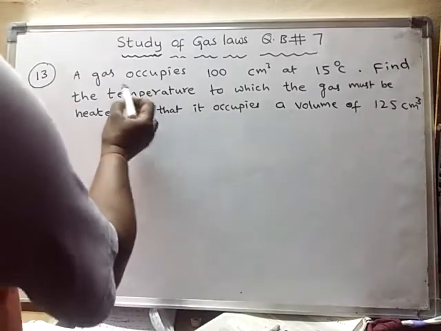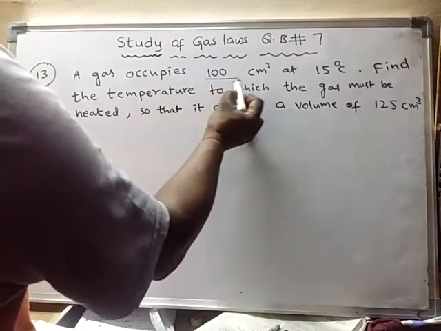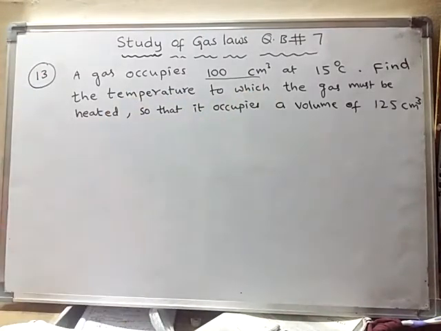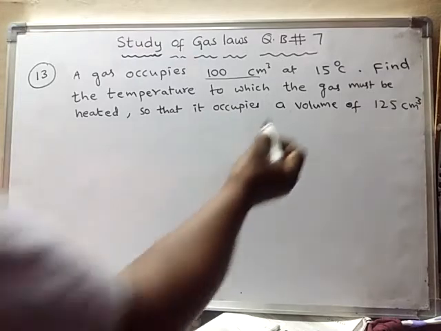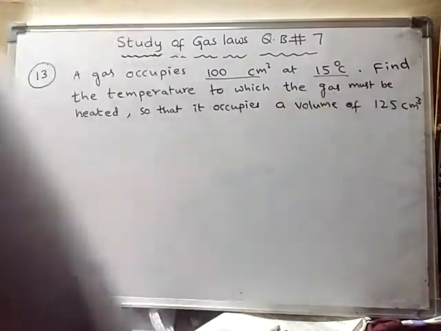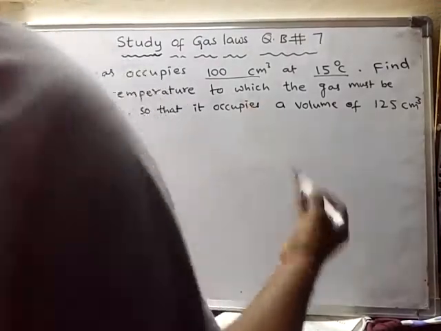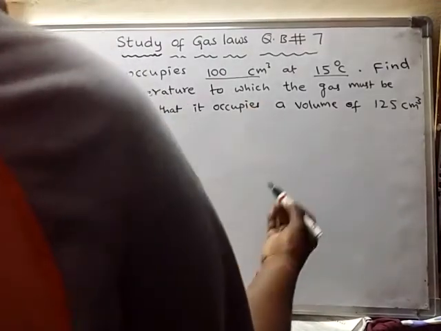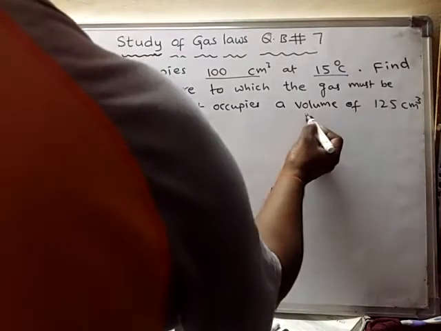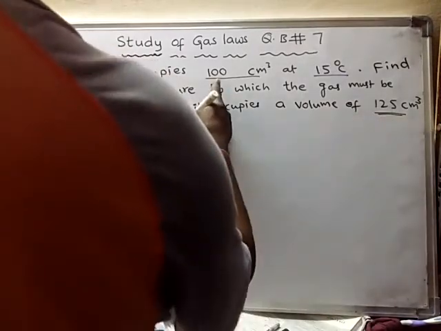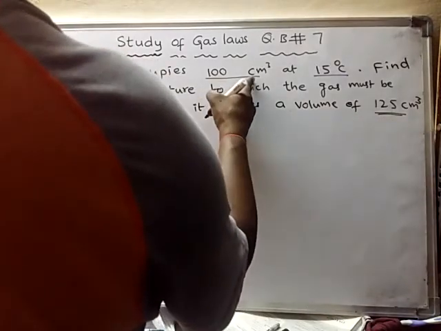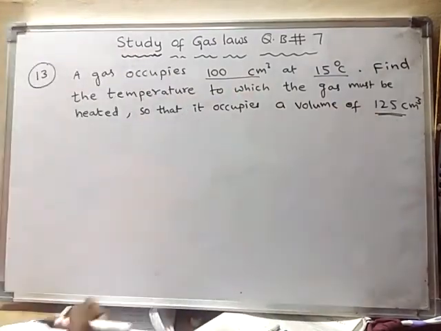So that means initially the volume of the gas was 100 centimeter cube at 15 degrees centigrade. Now the gas is heated, and its volume increases from 100 centimeter cube to 125 centimeter cube.